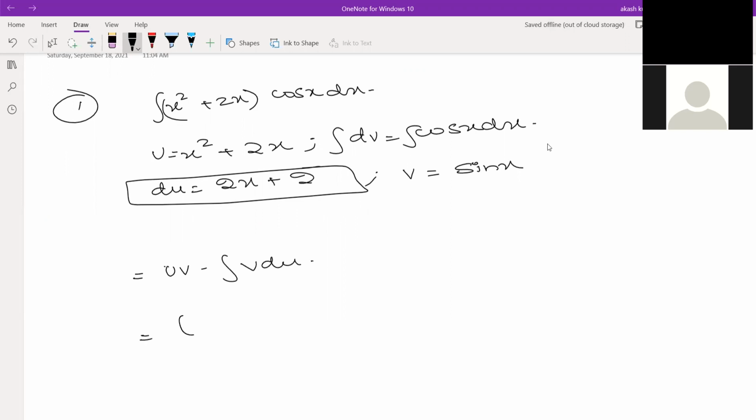So u is x squared plus 2x, v is sin x, minus the integral of v, which is sin x, and du, which is 2x plus 2, dx.